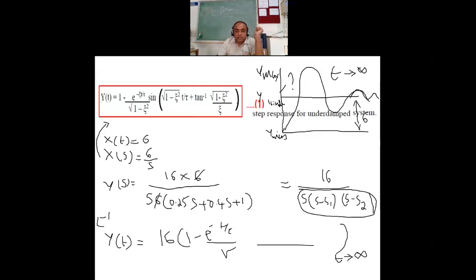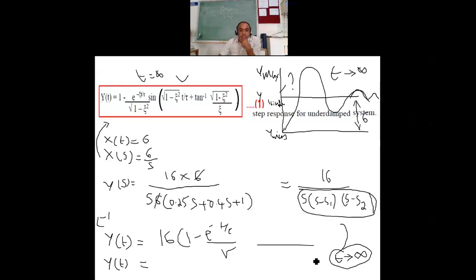You get it when you substitute t equals to infinity in equation 1. If I substitute t equals to infinity in this equation 1, can anyone tell me what you get?